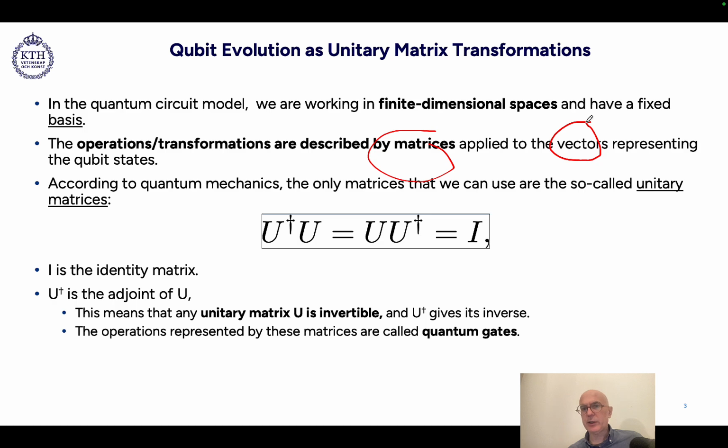Well, a unitary transformation is a linear transformation that is invertible, so it can be reversed, and also it preserves the norm. The formal definition is the following. If we take U, that is our unitary transformation, and we multiply it by its adjoint, this is equal to the identity matrix. The inverse operation is just U adjoint.